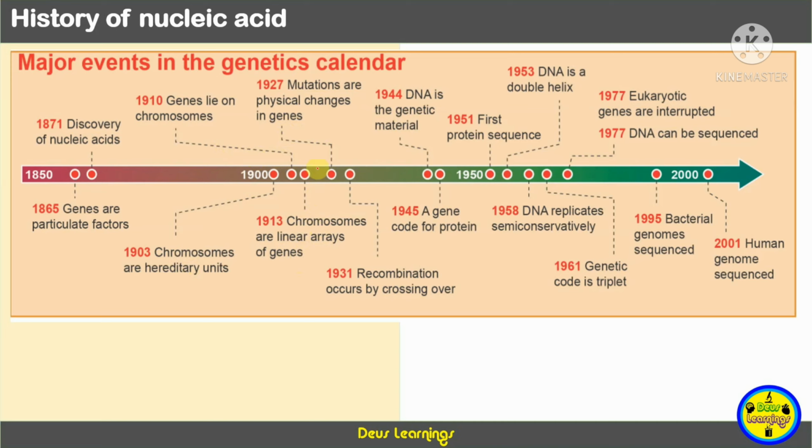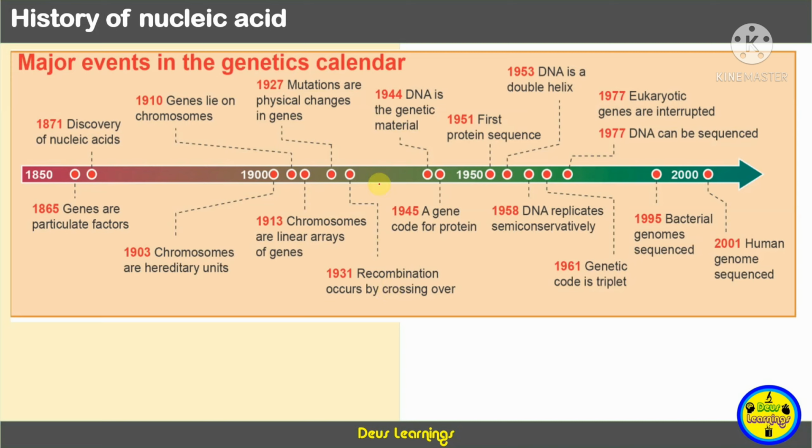Then time passed and we reach 1927, when mutations were identified as physical changes in genes. So the scientists came to know that mutations are physical changes that happen in the gene. Then in 1931, people discovered that recombination occurs by crossing over in meiosis, prophase 1.